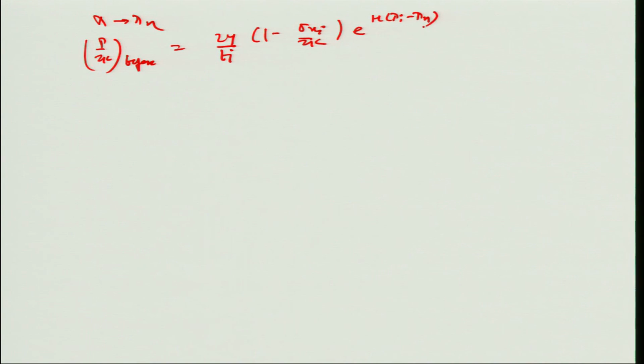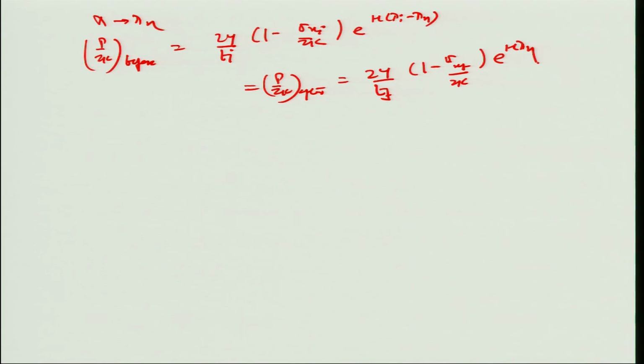Let's say we are at lambda n, and that is equal to p by 2k after, which is twice y by tf times of 1 minus sigma xf divided by twice k, to the power of mu lambda neutral.